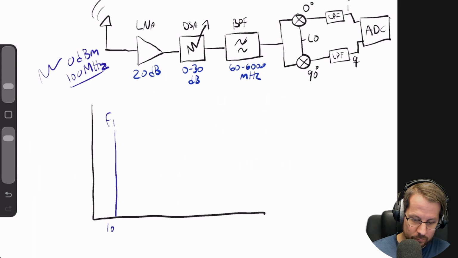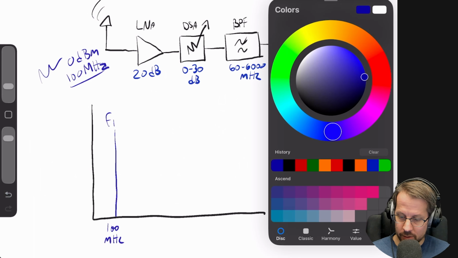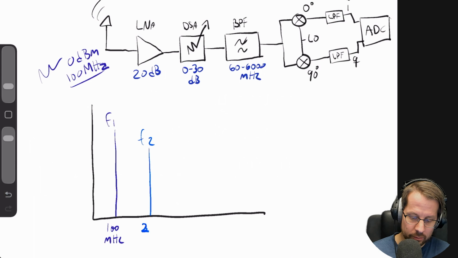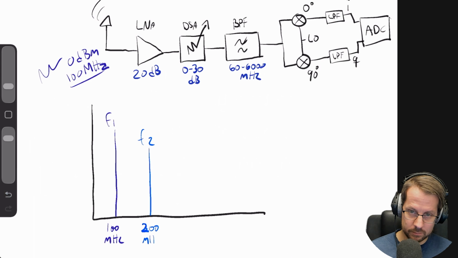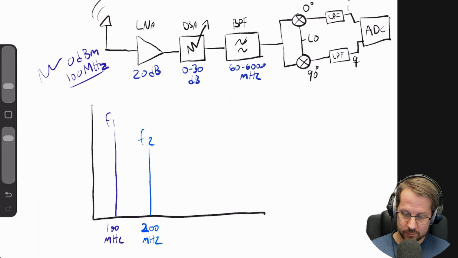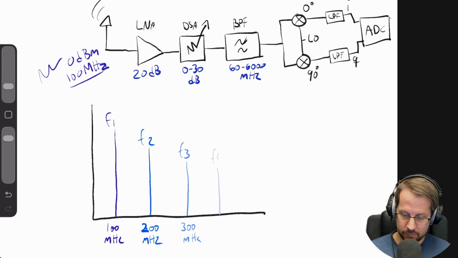So here we have this signal, 100 megahertz, and then suddenly, because of the harmonics, you will get an additional signal at F2, and this is the 200 megahertz, and then you can get another one lower, F3, 300 megahertz, and F4, 400 megahertz. And this is the harmonics, right?